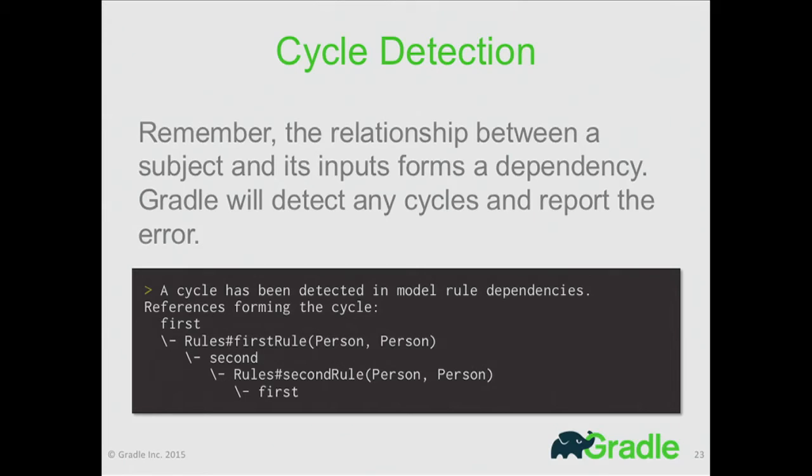We can say, you're saying that first depends on second and second depends on first, so no. And more importantly, we have that traceability. We're saying that first is defining a dependency on second via this rule, and there's another rule here saying the inverse is true. So now I know where to look for this problem.